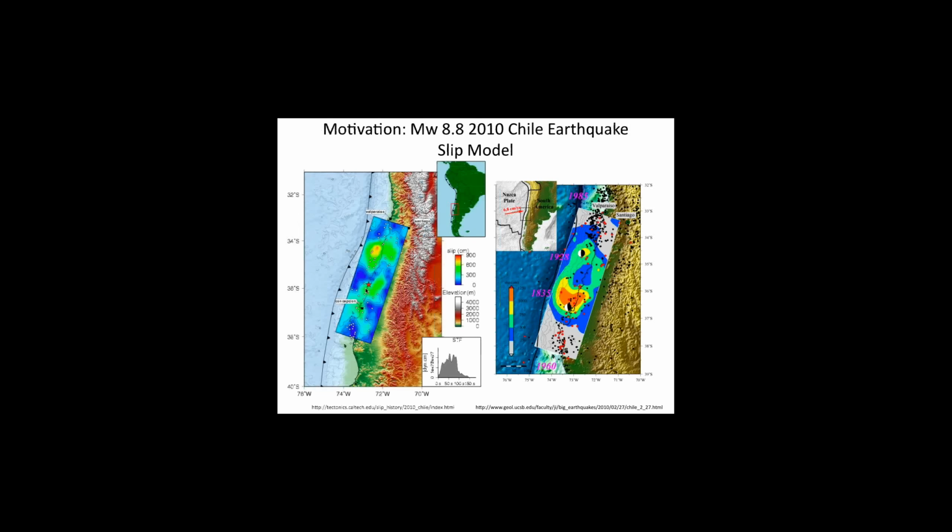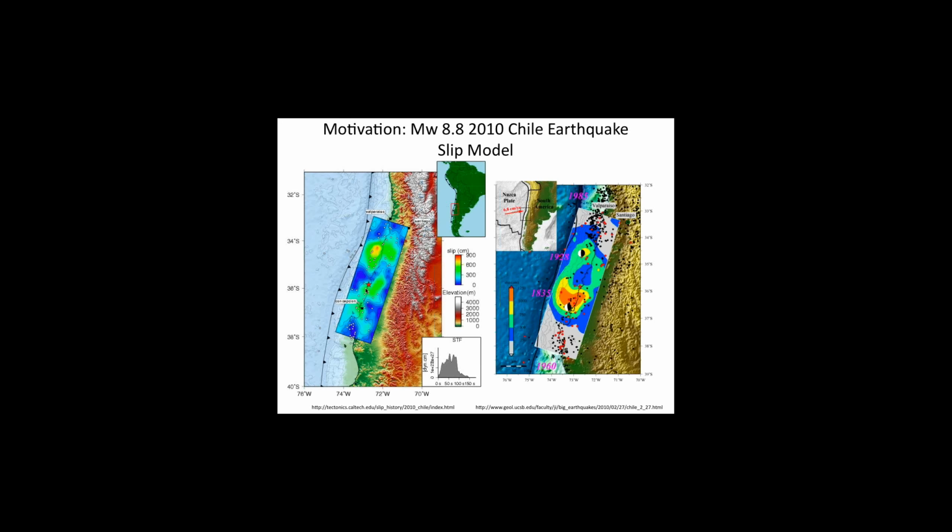As I said, these were both preliminary results just put on the web, and later on in the talk I'll maybe argue that both results are actually right, but I think these two results illustrate the point that whenever you do these slip models, it's very common that you have to put constraints on your rupture in order to stabilize the inversion for slip.